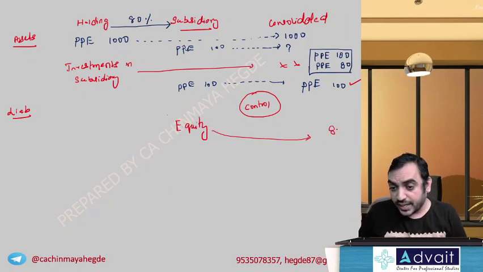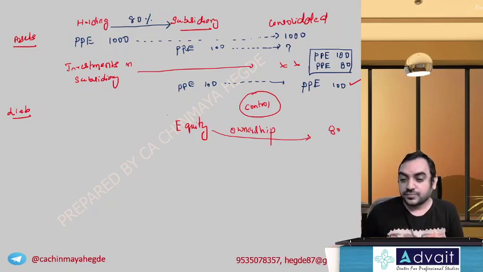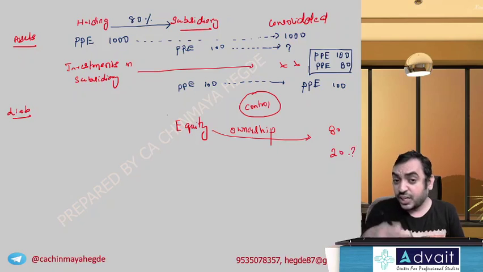We write only 80 because equity represents ownership. Here in equity we don't talk about control. Here in equity we talk about ownership. We write only 80. So on the asset side 100 will come. On the liability side ownership element 80 will come. 20 is a balancing figure which is not tallying the balance sheet.